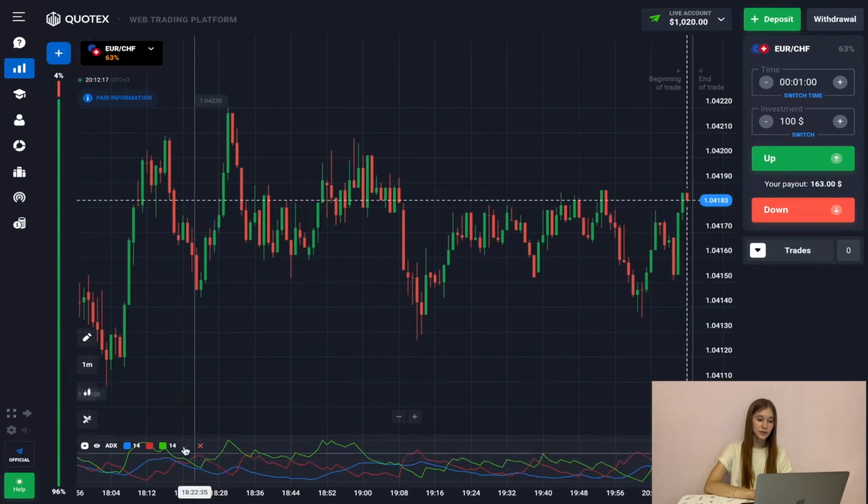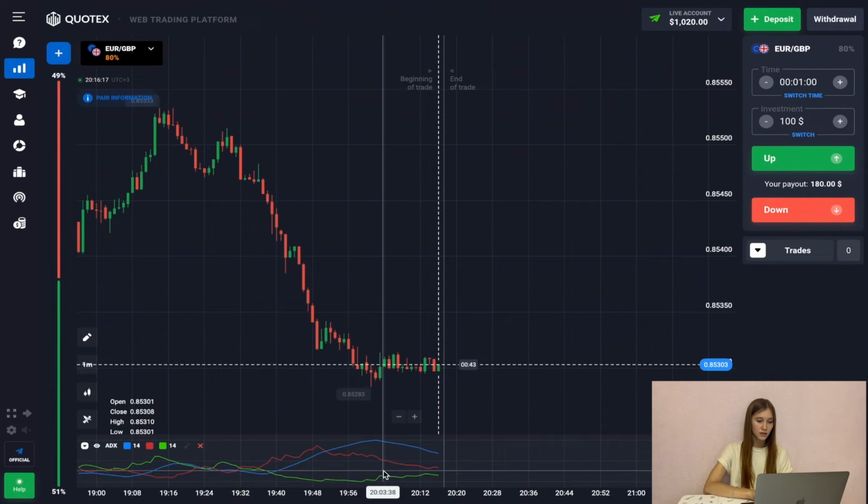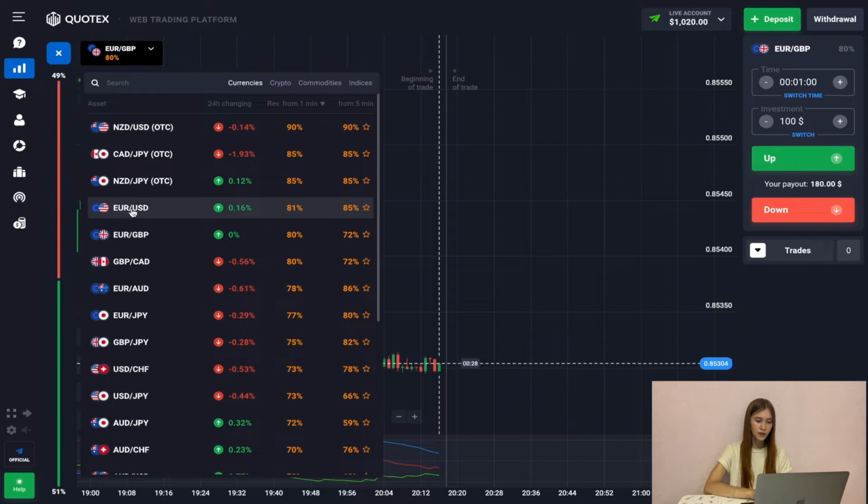Let's choose a currency pair. As we see, we are starting a flat. Then the trend is expected to be upward, but the currency pair is not suitable for opening a deal.